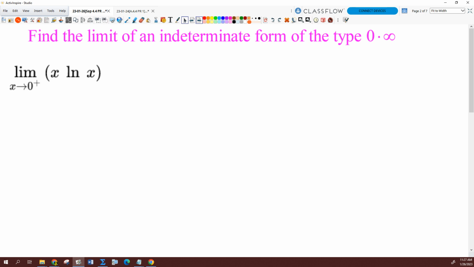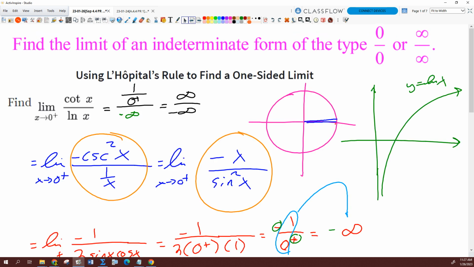The AP test does not go further with L'Hopital's rule than that. All the AP test does is deal with these types of forms of L'Hopital's rule. Okay, I think that's a huge mistake though, because you use L'Hopital's rule all the time.